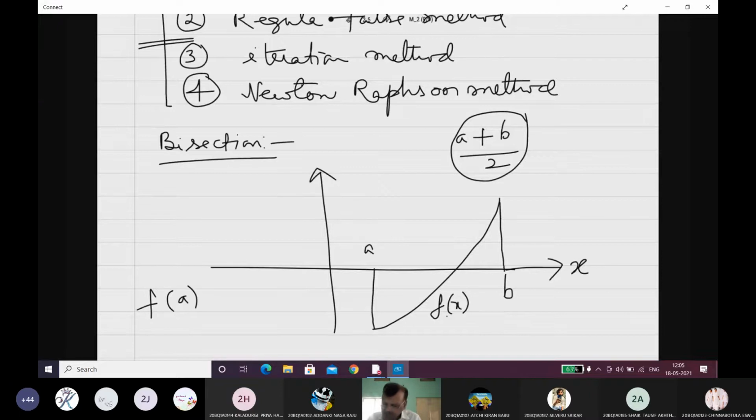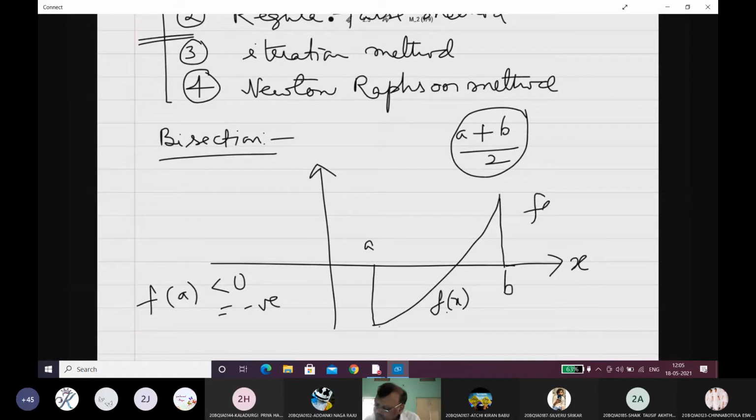If the curve is below the axis, f of a is less than 0, which means it is negative. Writing negative or writing less than 0 is the same. And for f of b, what is the value? f of b is positive, or in other words, f of b is greater than 0.